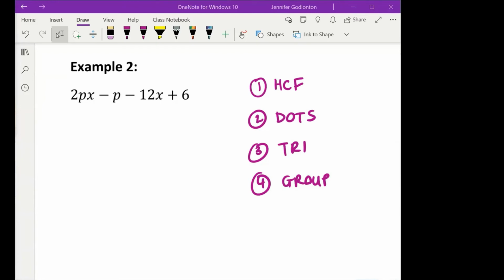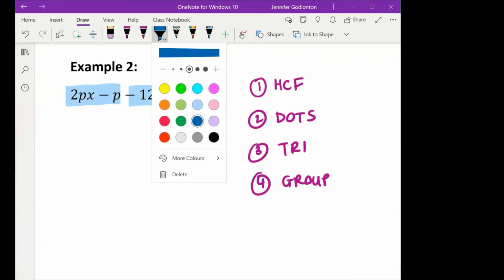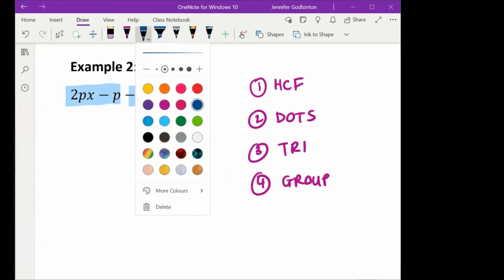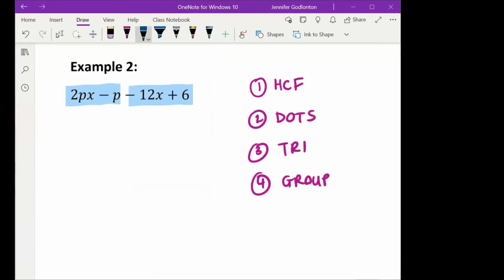Okay, Asangi, what am I going to do? Okay, so you're going to group 2px minus p. Good. And negative 12x plus 6. Good. Okay, so I'm doing grouping, and I'm going to group my first 2 terms and my second 2 terms. Cool. Next step. Then put them in brackets.